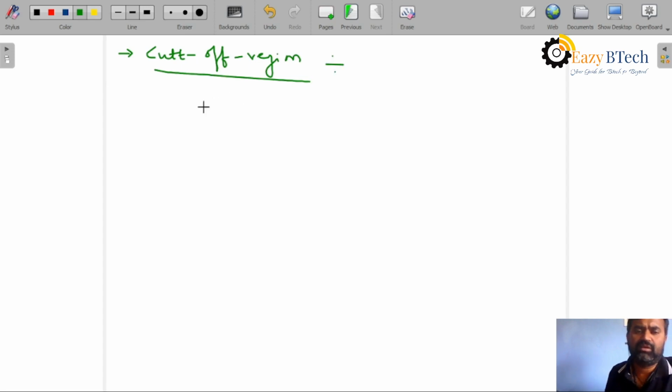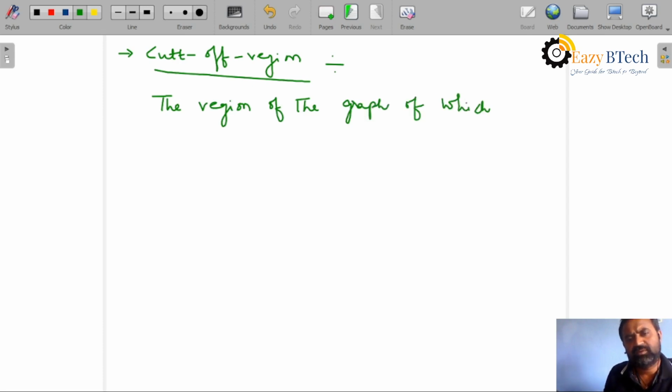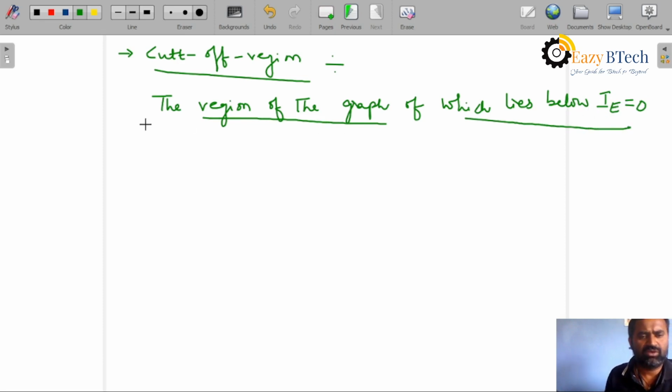The region of the graph which lies below IE equal to 0, and to the right of VCB 0. This region is known as the cutoff region.